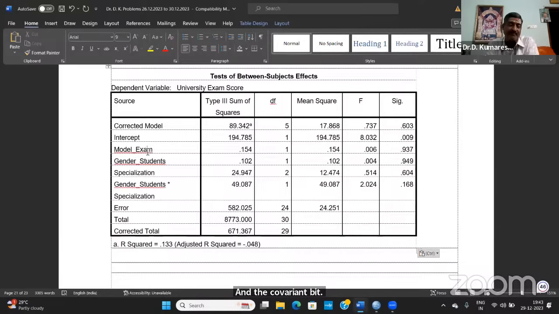At least the R square value must be greater than 0.5.